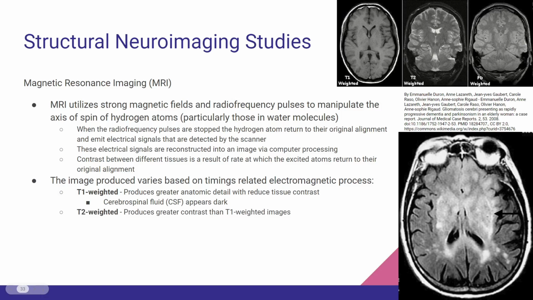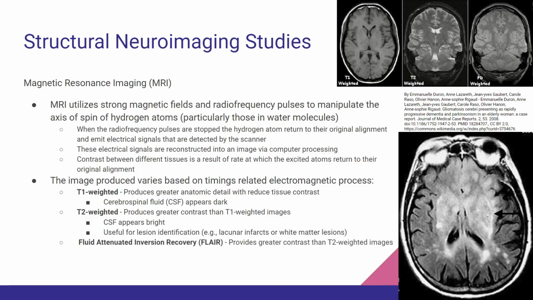A T2 weighted image produces greater contrast than T1 images, and in these images, the cerebrospinal fluid appears bright, and this is useful for identifying lesions such as lacunar infarcts or white matter lesions.